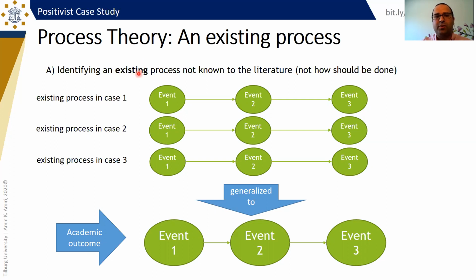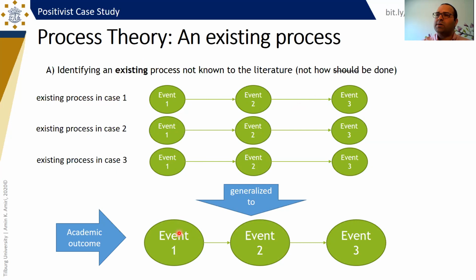So about existing processes, you find case one, you develop the process, you extract the process there, you do the same for case two and case three, then you generalize them to a process theory.